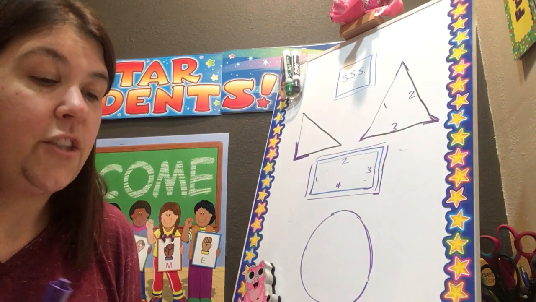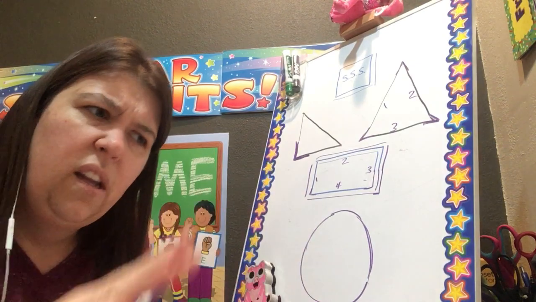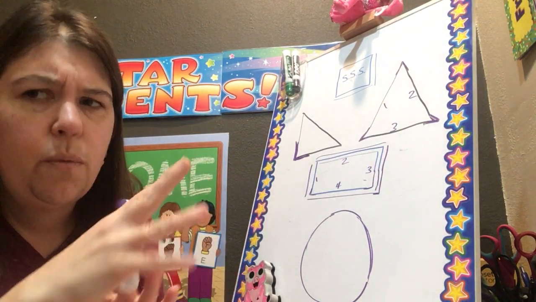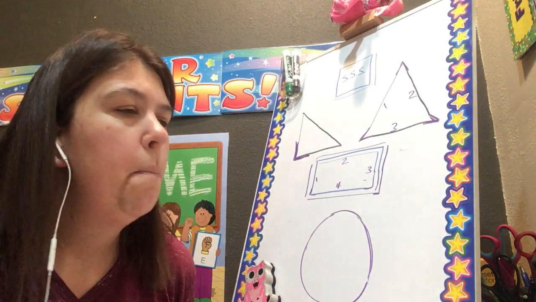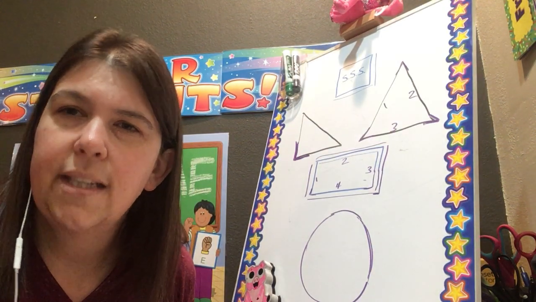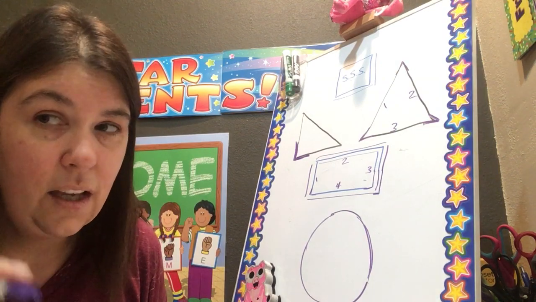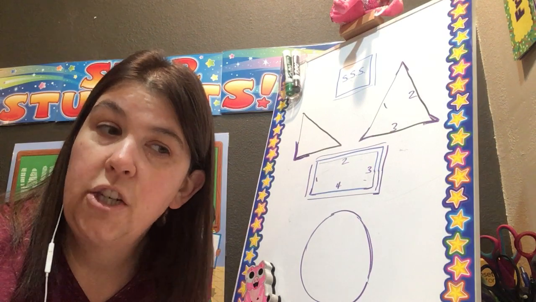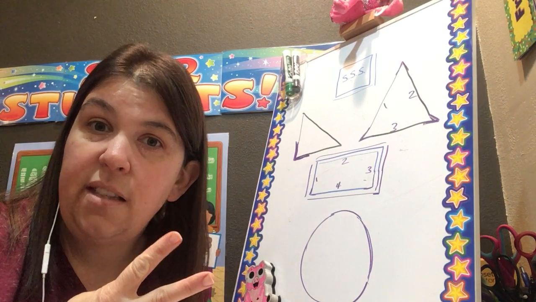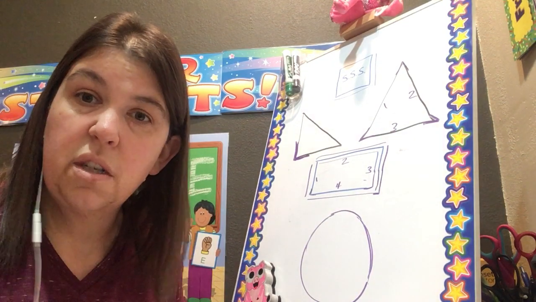Okay, guys. All right, so you do have an assignment today. It is kind of a little bit of yesterday's mixed in with a little bit of today's, so it's a front and a back and then a front of a page, but it's not too long. It's not too hard. It's kind of drawing me some shapes. One of them is going to ask you to draw a shape that has 4 sides and 4 corners. Well, who has 4 sides and 4 corners?